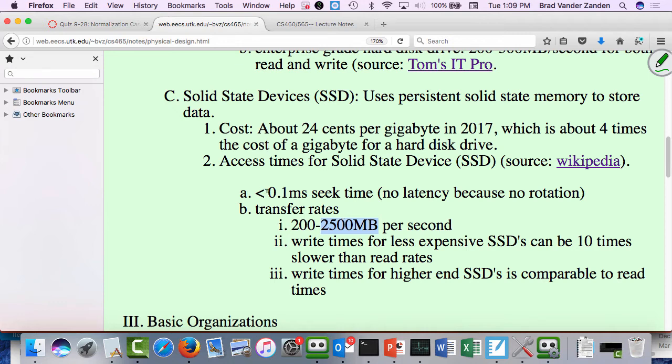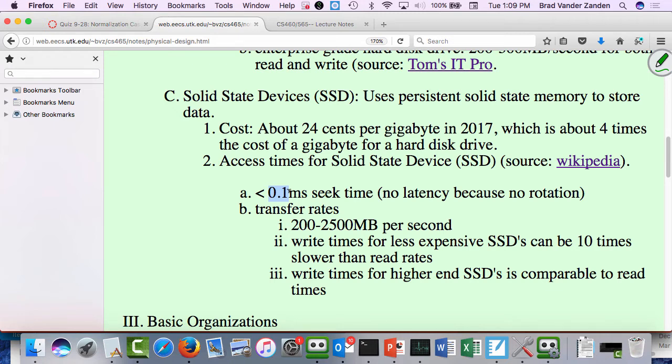The seek times are typically less than 0.1 milliseconds. So that's the time to locate where an item is, to get the read mechanism to that part of the solid-state memory, is less than 0.1 millisecond. Okay, that's a lot better than 3 to 4 milliseconds, plus whatever your latency. There's no latency here because there's no rotation. So you get to where you want to be much faster.